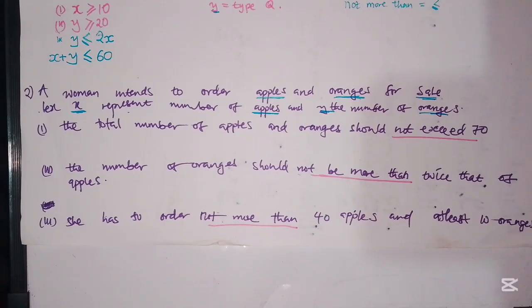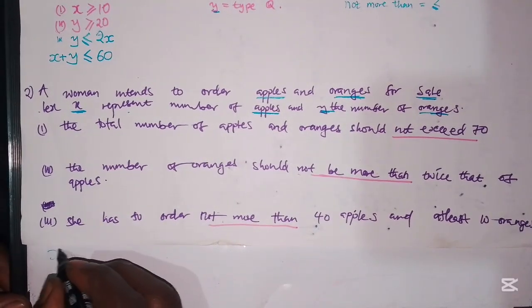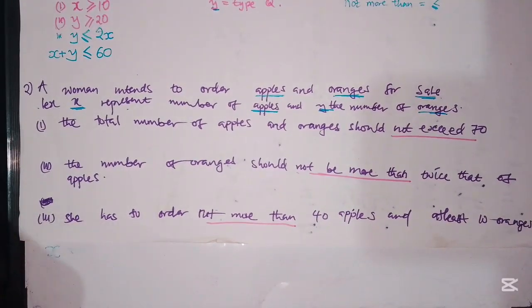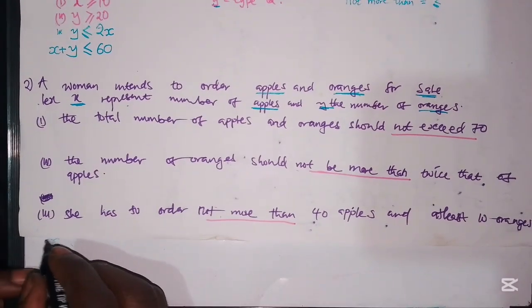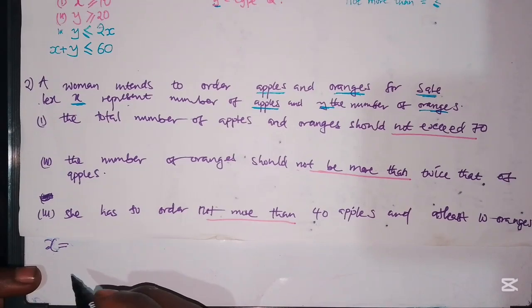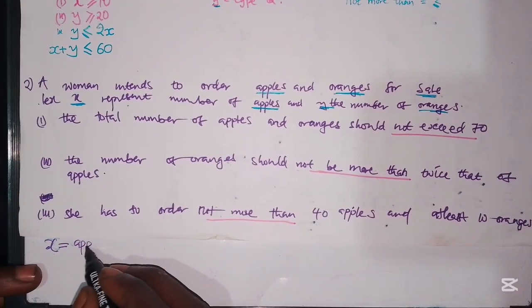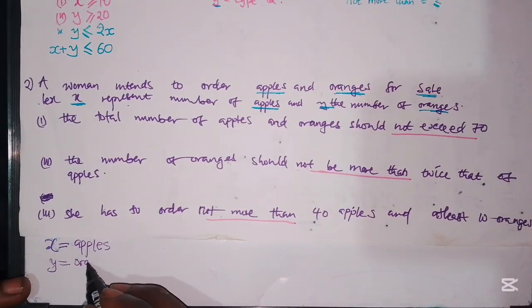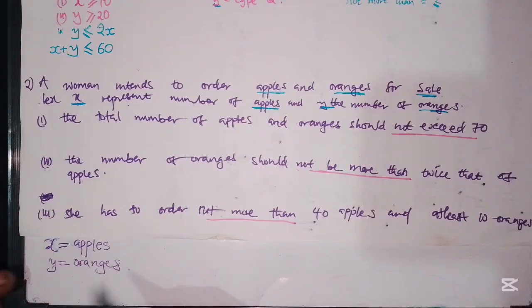So in our case, x is representing apples, and y is representing oranges. Meaning whenever we see apples, we are going to replace it with x, and whenever we see oranges, we are going to replace it with y.